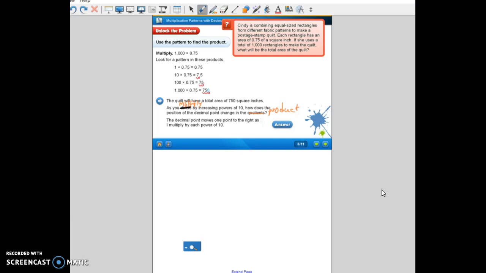So we were multiplying by 3 powers of 10. 1,000 is 3 powers of 10. 10 times 10 is 100, times 10 is 1,000. That's 3 powers of 10. So we moved our decimal 3 places to the right. We can also look here and know that we had 3 zeros in our 1,000.